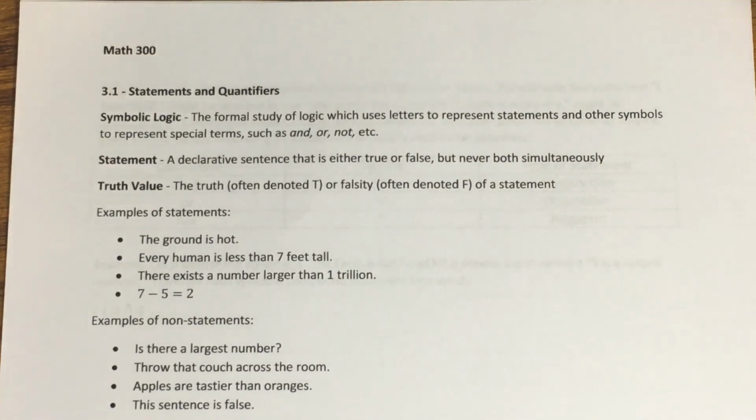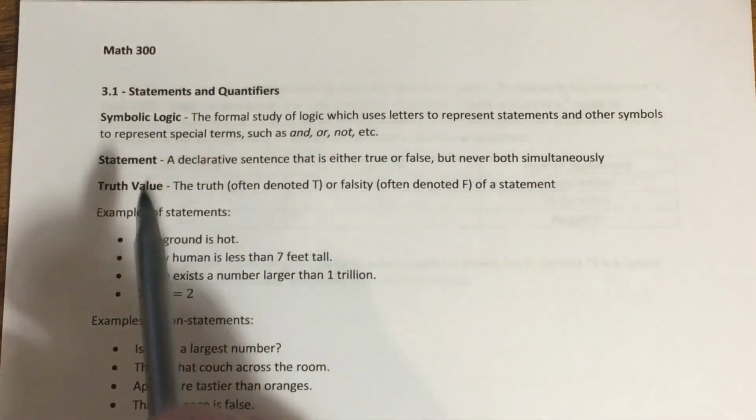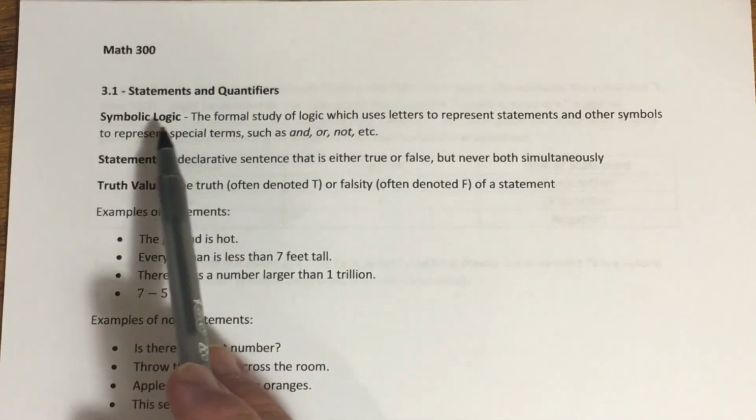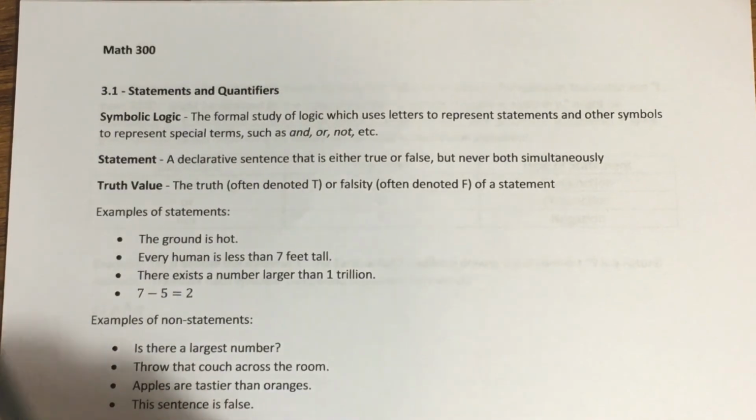So to start with 3.1, we're talking about statements and quantifiers. But to lead into that, let's go over some definitions. Symbolic logic, what we're talking about in chapter 3, is the formal study of logic which uses letters to represent statements and other symbols to represent special terms such as and, or, not, etc. In reality, the definition for symbolic logic is much more broad than this, but this is the definition that your book is going to use because it basically suffices to cover everything that we're going to cover.